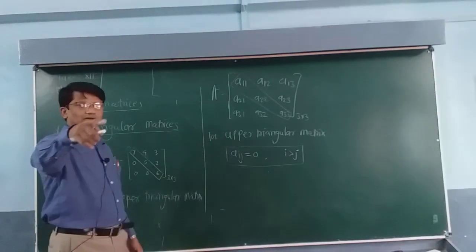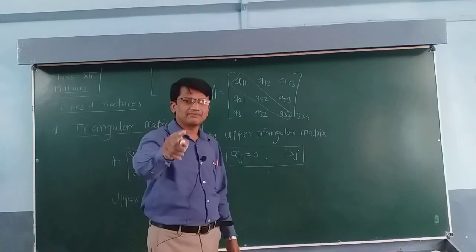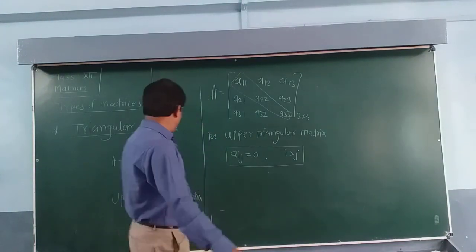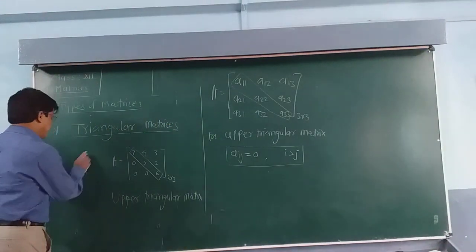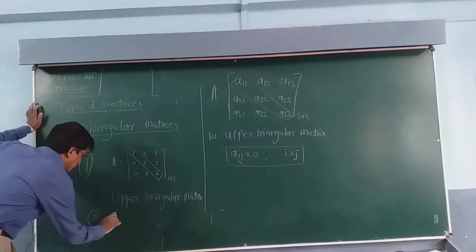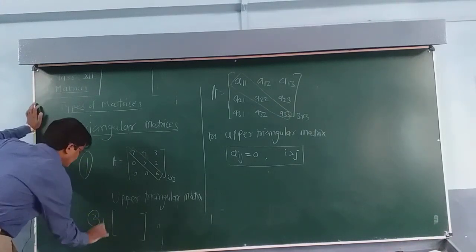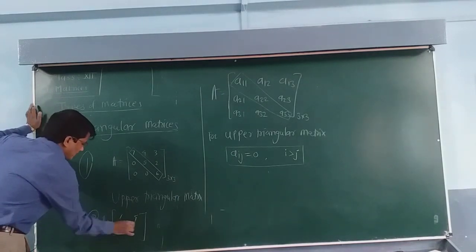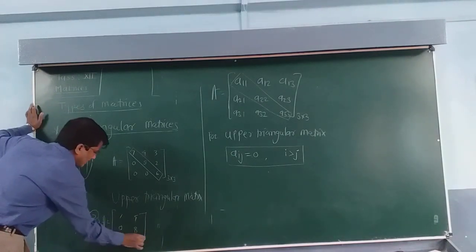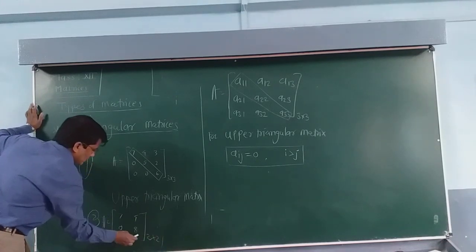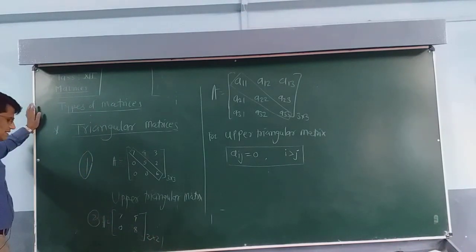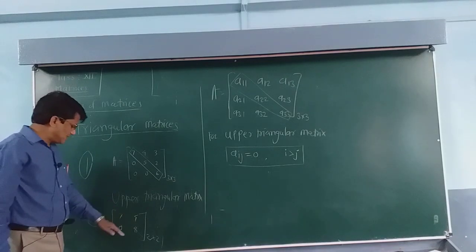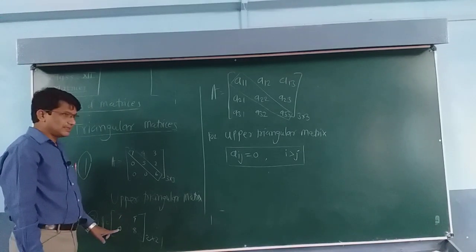We can say one more example having order 2. So this is our first example. What is another example for a 2 by 2 matrix? A equal to 7, 4, 0, 8. Look here, order 2 by 2. These are diagonal elements, and the non-diagonal element here is 0.